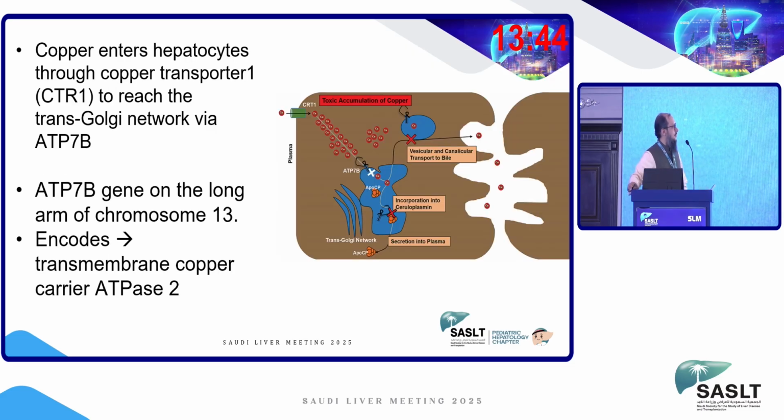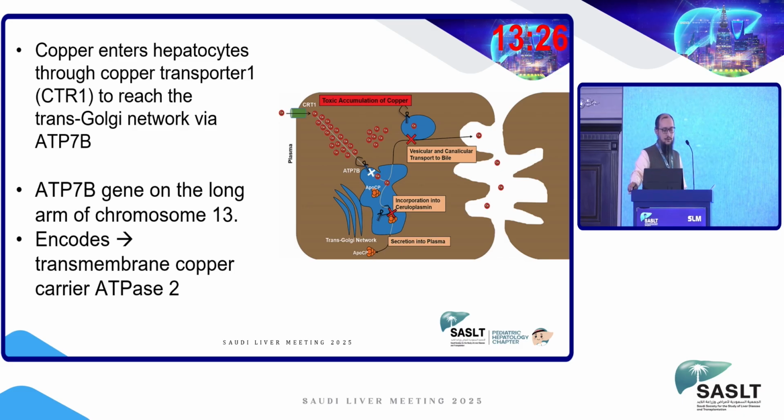In the liver, copper is transported into the hepatocytes via the CTR1 protein, and subsequently it is transferred to the trans-Golgi network where further processing is done. So this is where all the problem starts in Wilson disease.